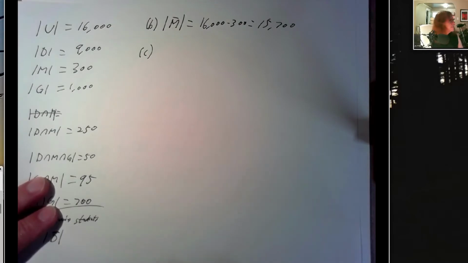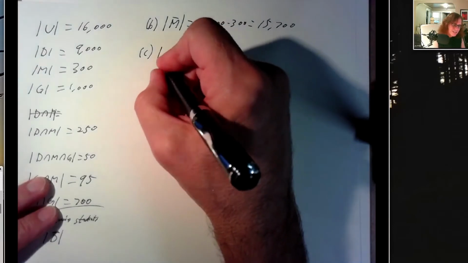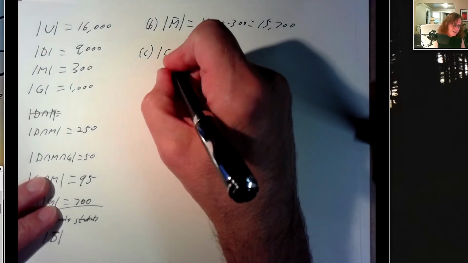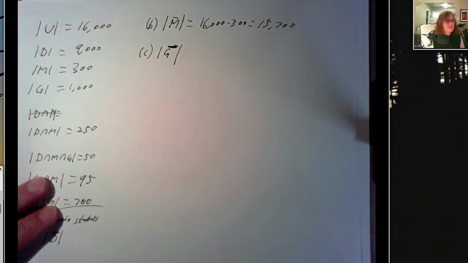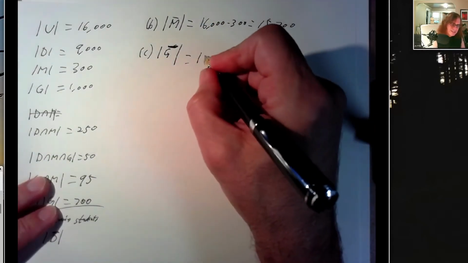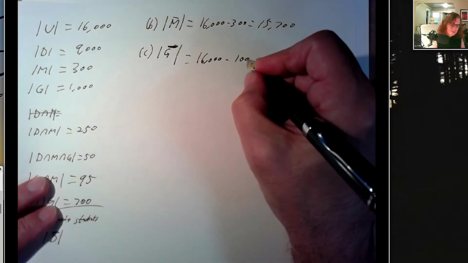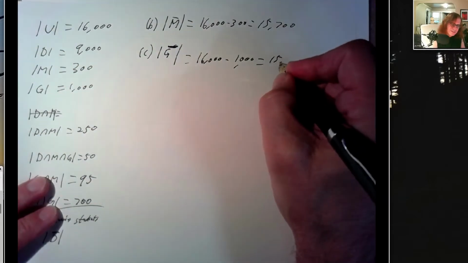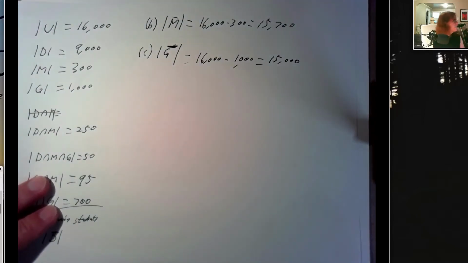They kind of make sense intuitively if you think about it. The number of undergraduates, that's the cardinality of the complement of the set of graduate students. So the cardinality of G bar, and that's 16,000 minus the size of the set of graduate students, and that's 15,000. And so these were the calculations we were doing in class.